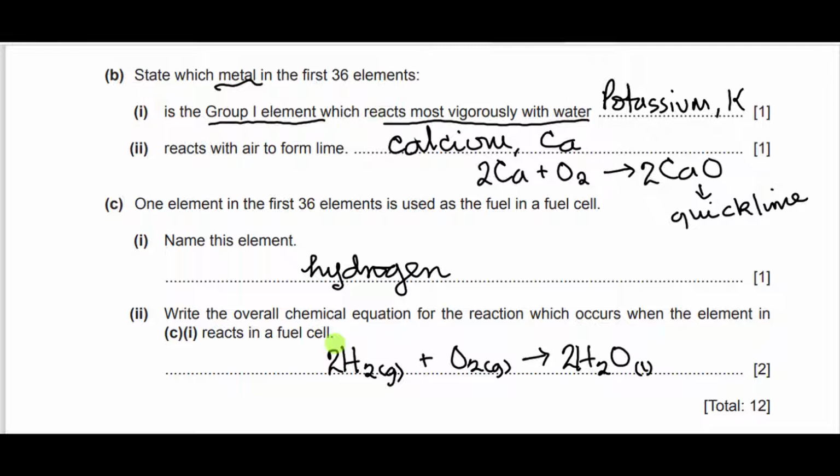So that is the overall chemical equation for the reaction which occurs when the element in C1 reacts in a fuel cell, right? So that's why the fuel cell is said to be environmentally friendly, because it does not contribute to the pollution of the environment. Its product is just water, unlike fossil fuels that will produce CO2, that will bring about greenhouse effect, which leads to global warming, right?